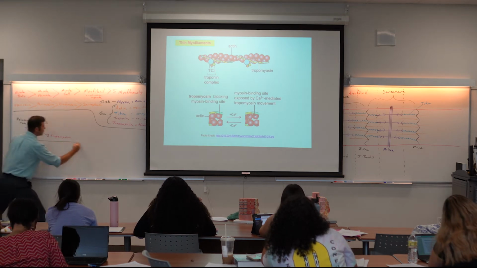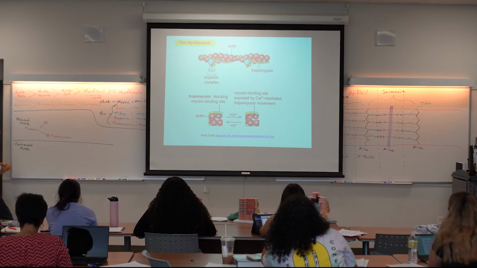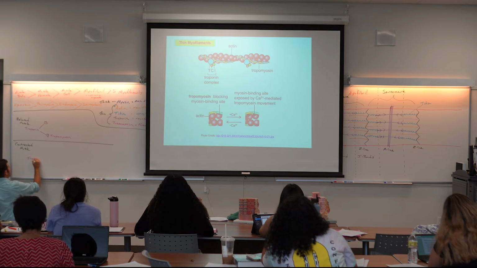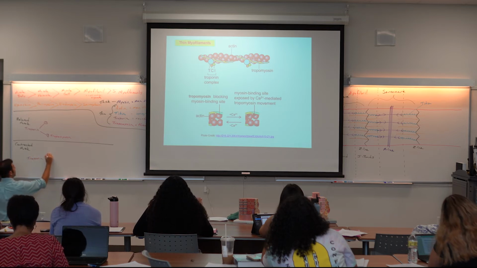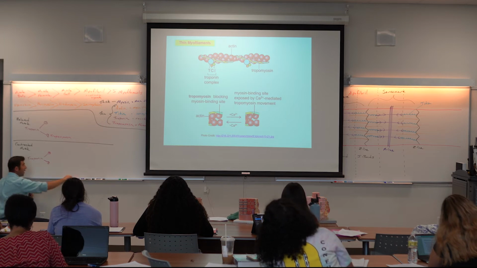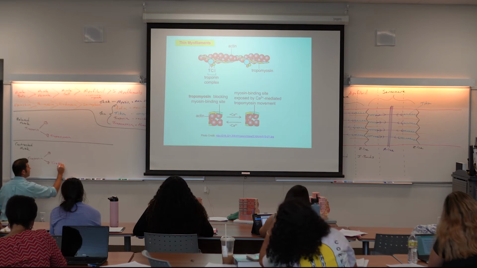I'm just going to compare this real quick to a contracted muscle. When we're talking about a contracted muscle, once again, it involves troponin and its two hands grabbing onto stuff. One of those hands is always going to be carrying around this tropomyosin rope.